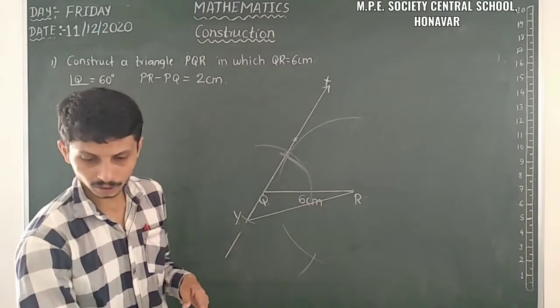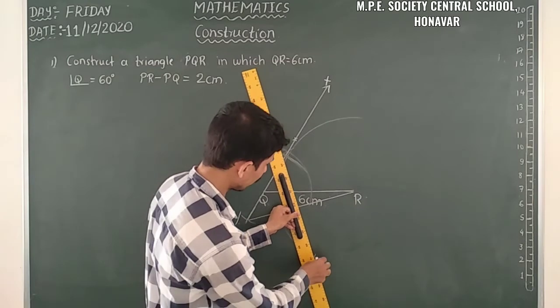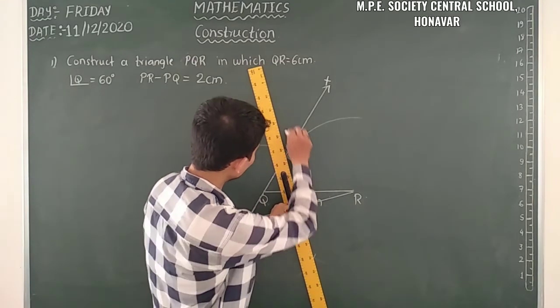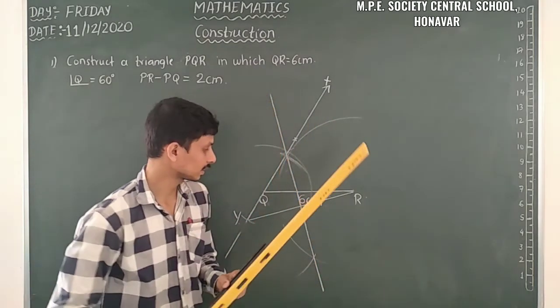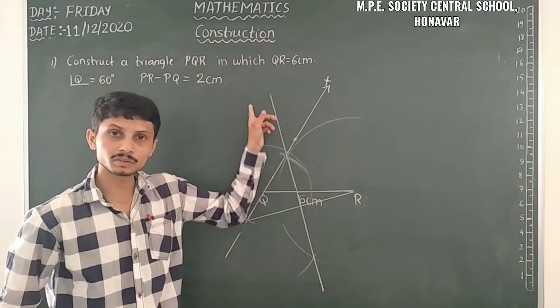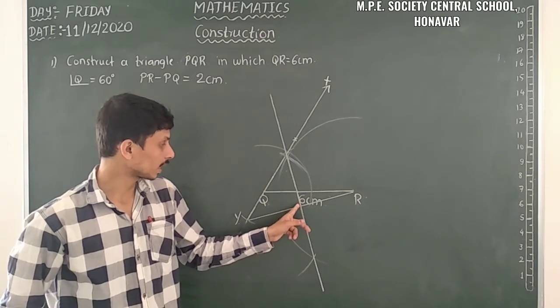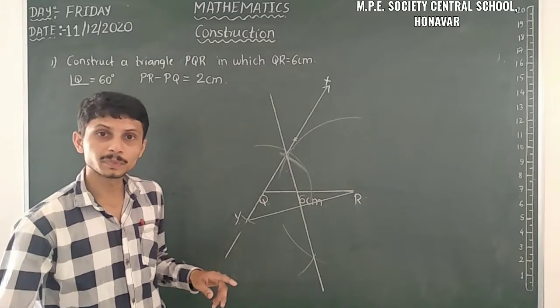Yes, so here we have two intersecting points, so we have to join these two intersecting points, which passes through the line BX. So we have drawn a perpendicular bisector which intersects YR as well as this QR as well as this BX line.